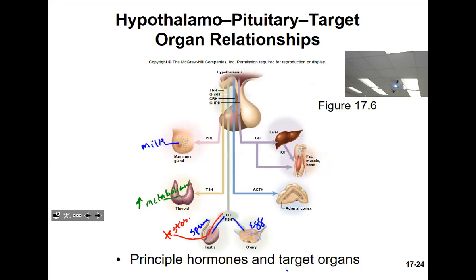Testosterone is a hormone, isn't it? We'll talk about it later. But we know testosterone is produced in men, and those testes are dependent on luteinizing hormone to get there. Are we good?